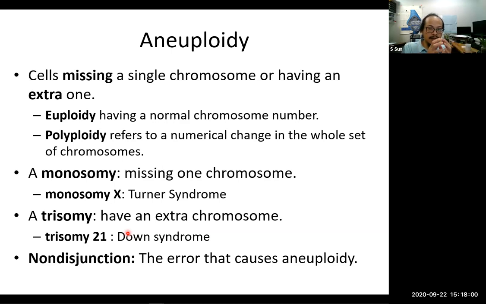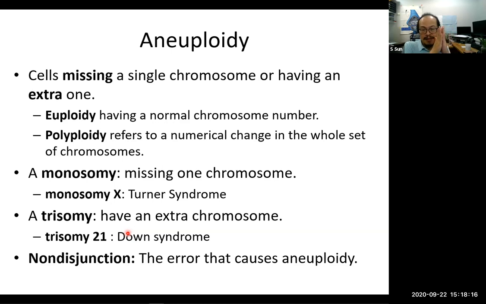The reason that we have one extra chromosome or missing one chromosome is that during the division, the sister chromatids are supposed to be divided, but they are not.